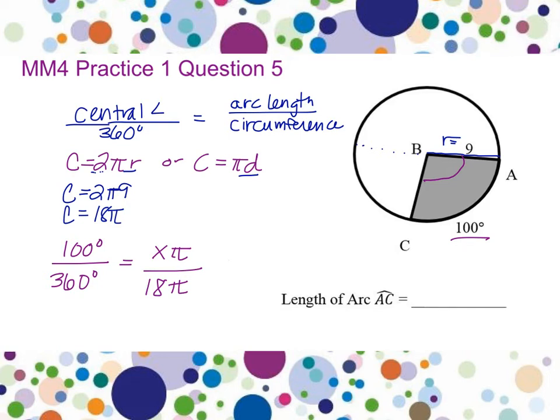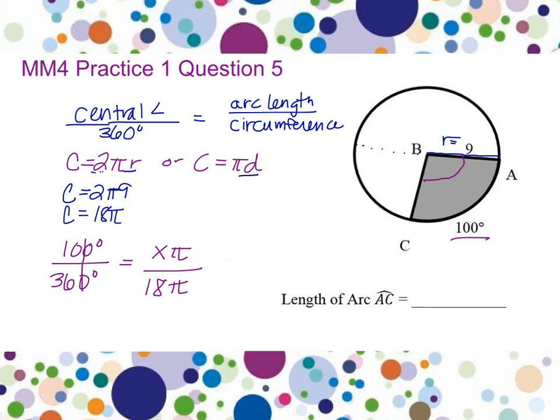All right, there are a lot of methods we could use here. We could simplify this fraction: 100 over 360 simplifies to 10 over 36, or even 5 over 18. It doesn't matter if you simplify it or not if you're using a calculator.